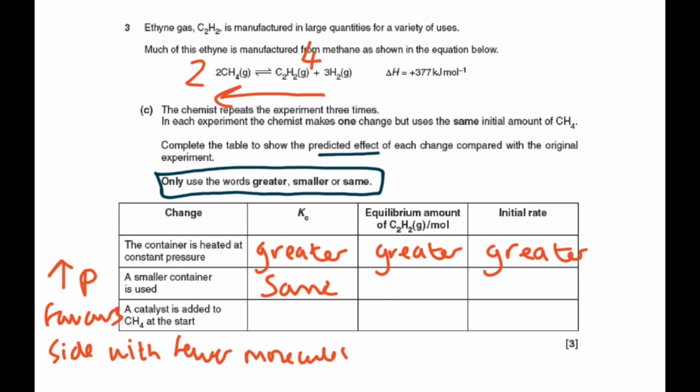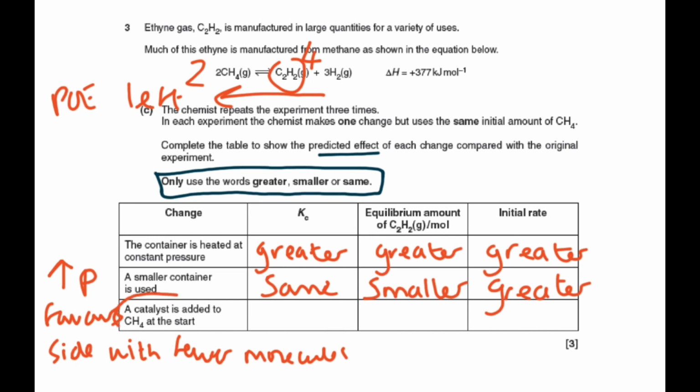So increased pressure will move the equilibrium to the left. So what will happen to the equilibrium amount of ethine? It will get smaller, because the position of equilibrium will move to the left with increase in pressure favouring the side with fewer molecules. The rate, because you are increasing the pressure, the rate will be greater as well.